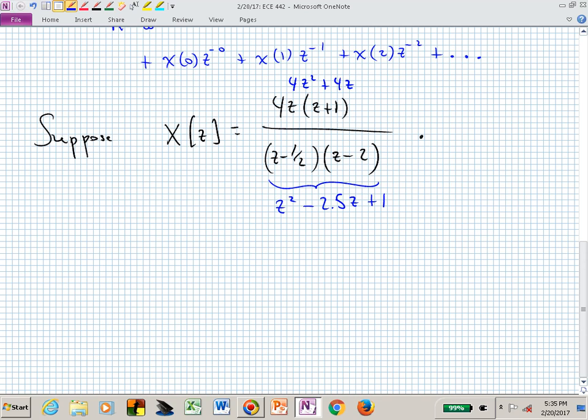Now, if I do the long division, I divide the denominator, z squared minus 2.5z plus 1, into the numerator, 4z squared plus 4z.